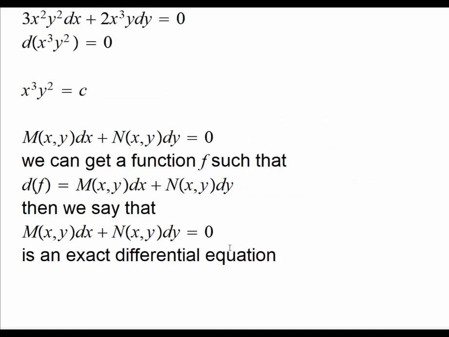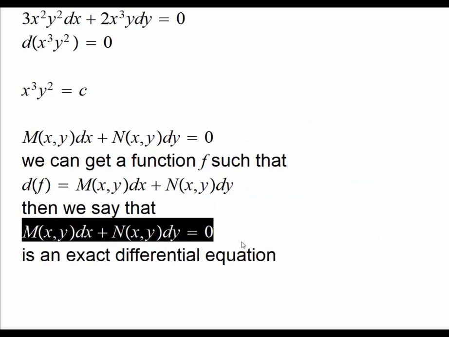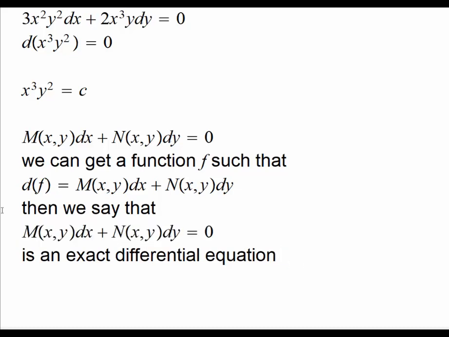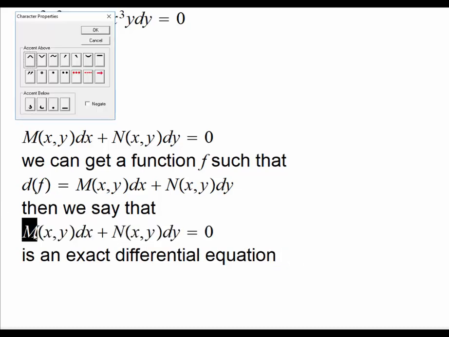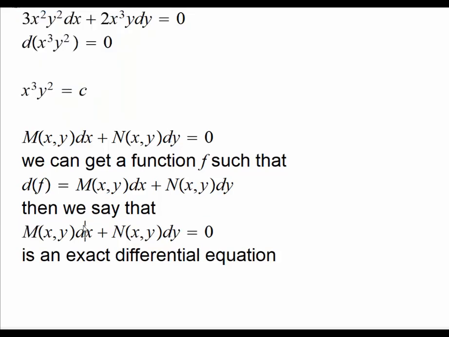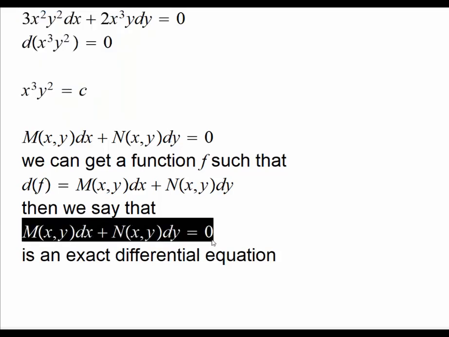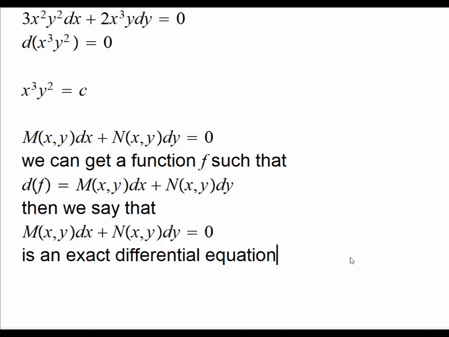So as I said, let's assume that M and N have continuous partial derivatives in a region, and this is exact.